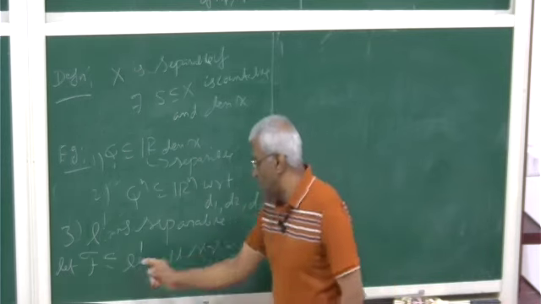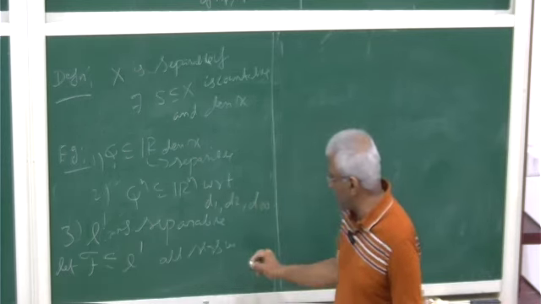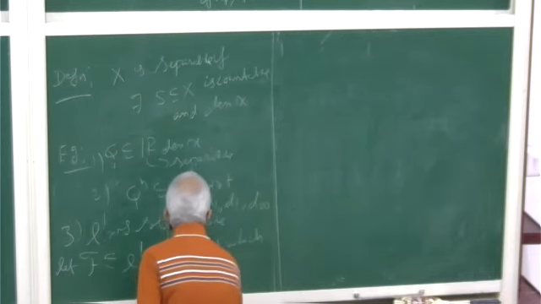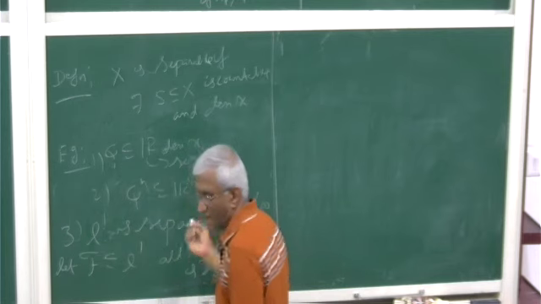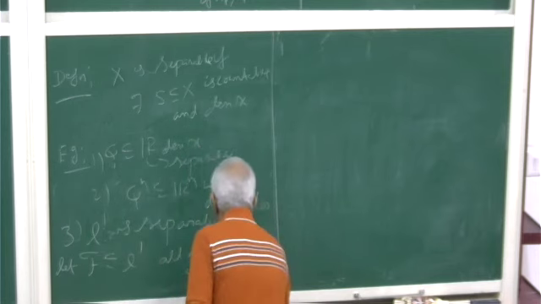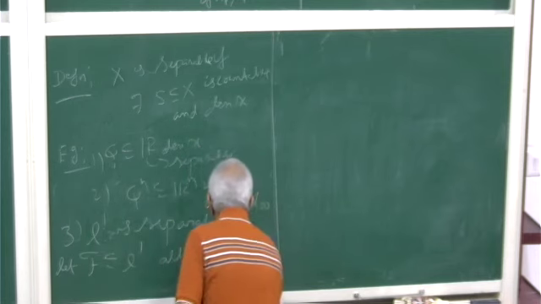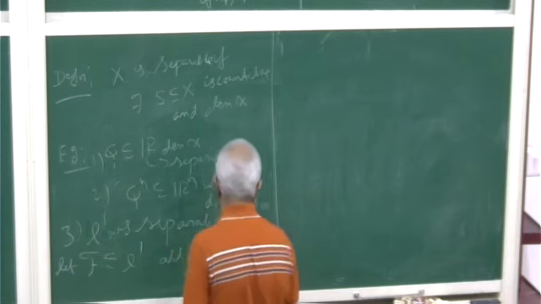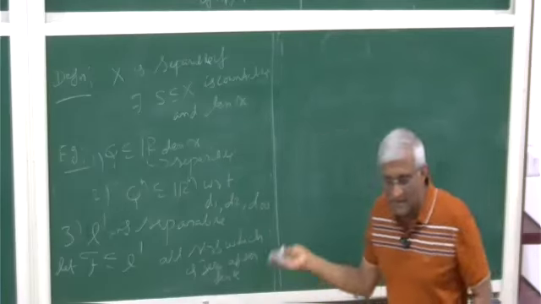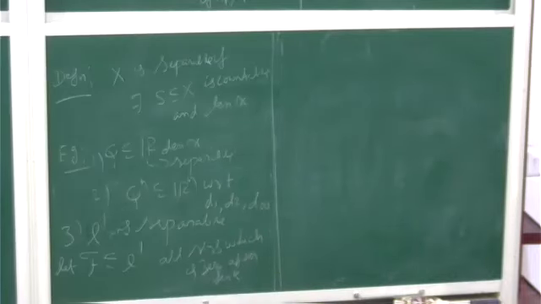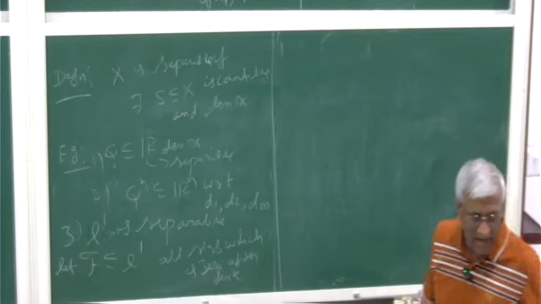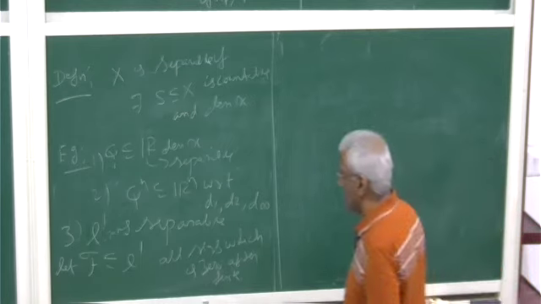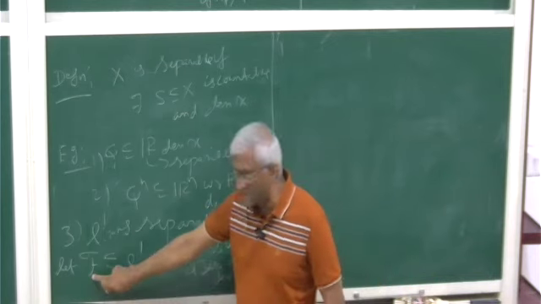So L1 is separable. Then F contained in L1 is all sequences which are 0 except for finitely many terms, that is, 0 after some time. I wrote that as eventually 0. It has only finitely many non-zero entries. First we want to show that this is separable.